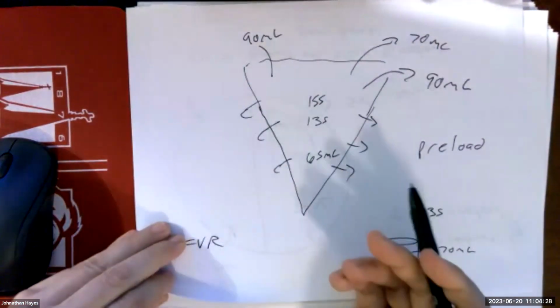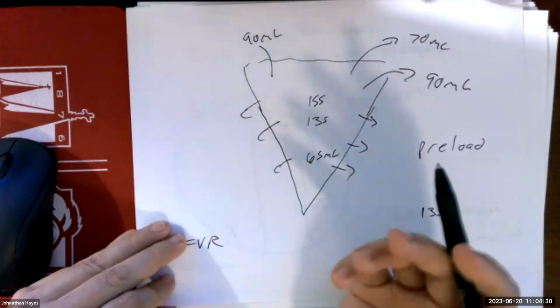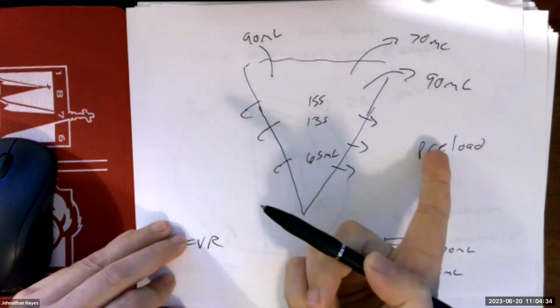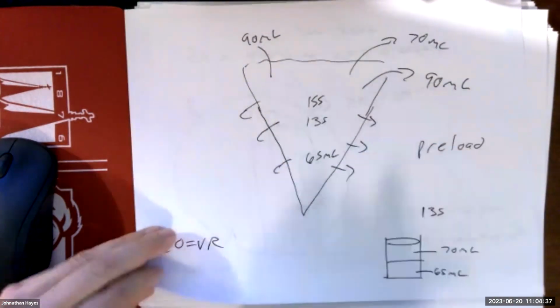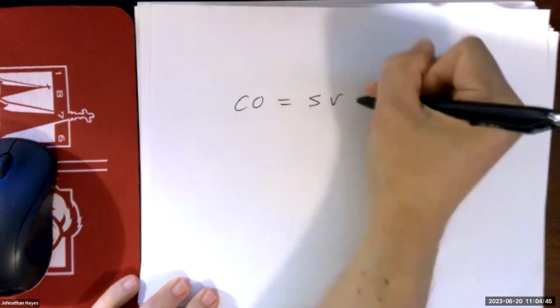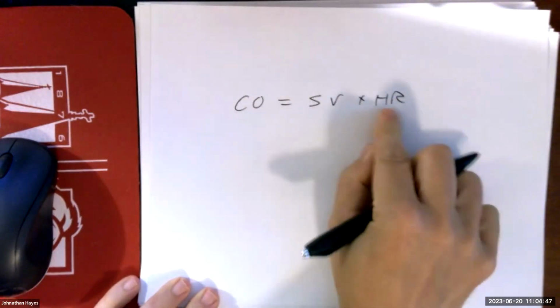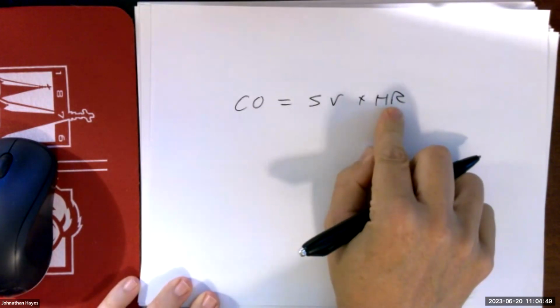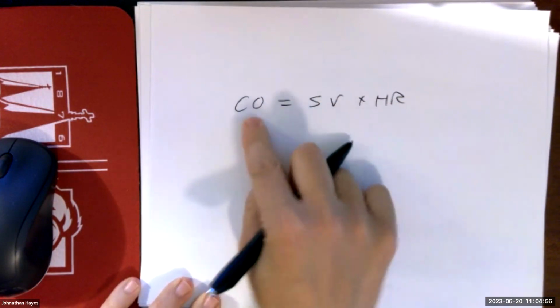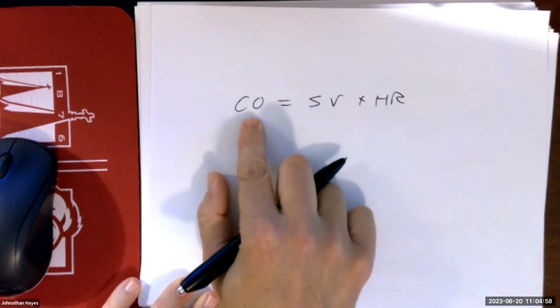But now I'm telling you, not only can you increase contractility, not only could you preload the heart, but you can do both, right? So what we've been talking about so far are factors that can affect cardiac output. And those factors are stroke volume times heart rate. This one's pretty straightforward. I can either increase beats per minute or I can decrease beats per minute and leave the stroke volume the same. Either way, that's going to increase or decrease cardiac output, okay?